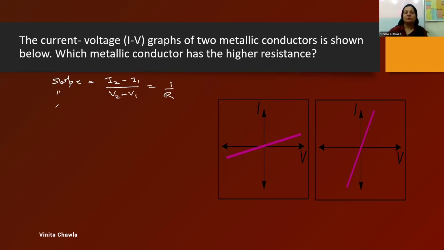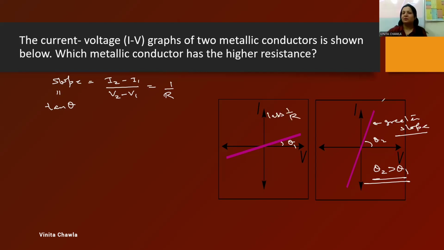And slope is also equal to tan theta. So this angle is smaller than this, right? This angle is greater. So let's take this angle as theta 1 and this is theta 2. So you can see that theta 2 is greater than theta 1. So it has greater slope. So less R, less value of 1/R, and it has greater value of 1/R.